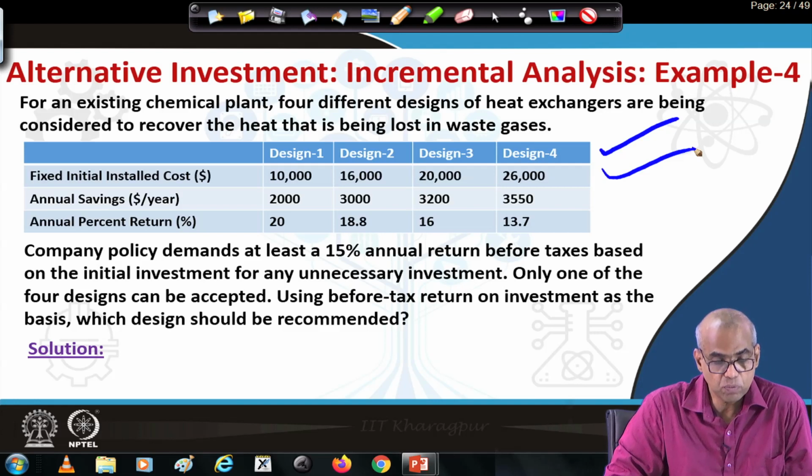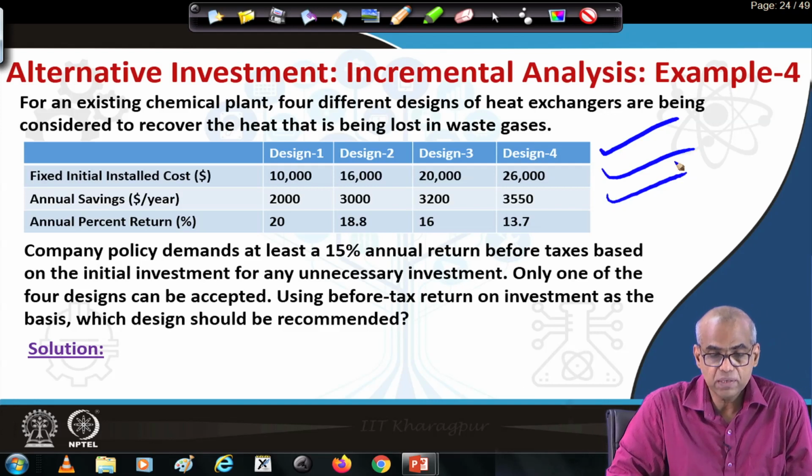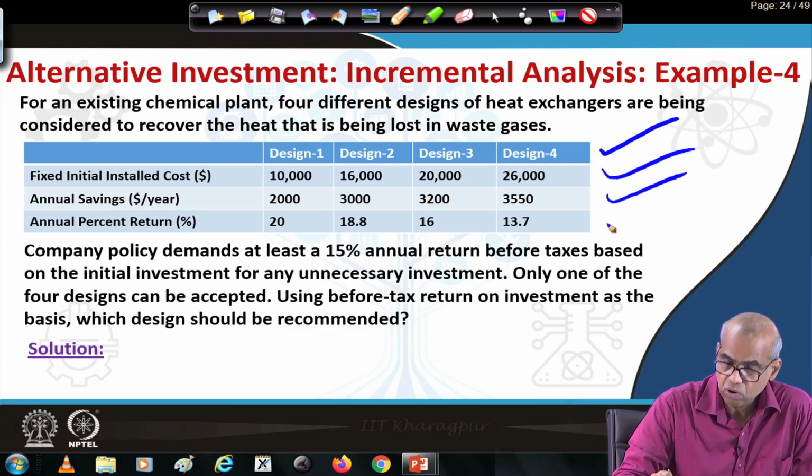Annual savings in dollars per year are given for each design. Annual percent return is computed and tabled as 20% for design 1, 18.8% for design 2, 16% for design 3 and 13.7% for design 4.